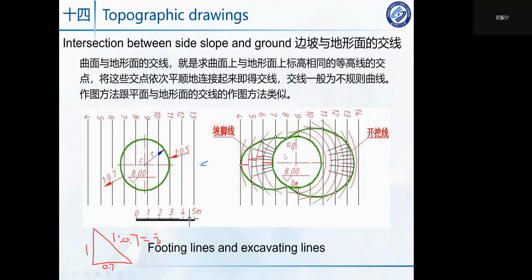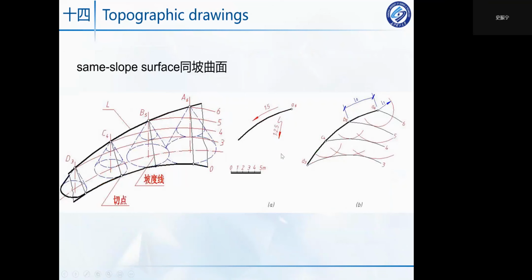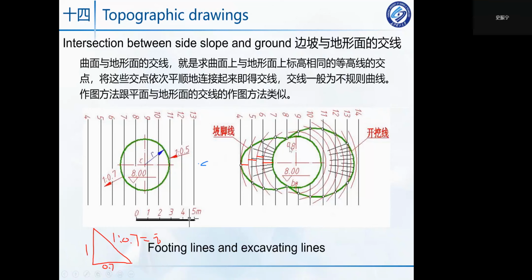So you can use a compass to draw many circles, and these circles are contour lines. This edge's elevation is 8, and this one is 7. So this contour line's elevation is 7, and this contour line's elevation is also 7.